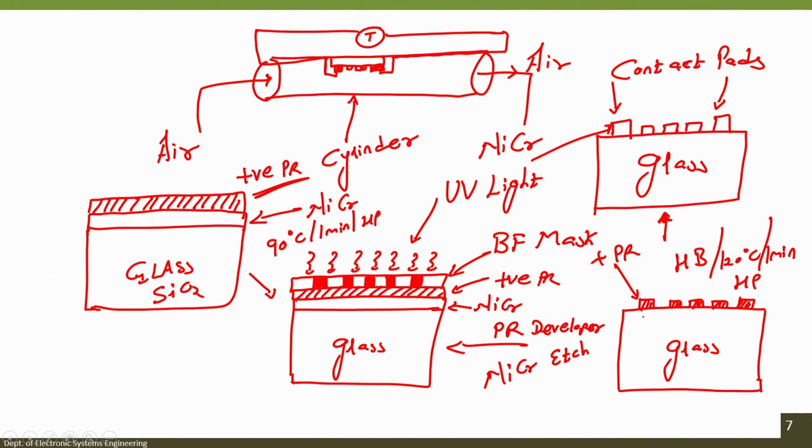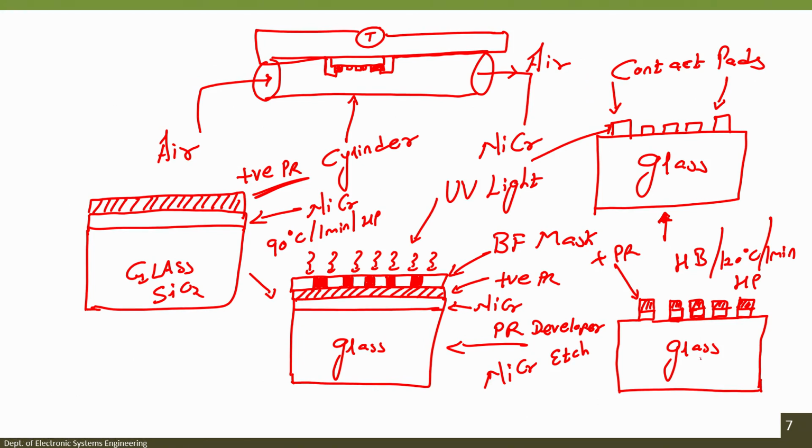I will have nichrome only saved where the photoresist is there, right. I will have nichrome only in the area where photoresist is there, and in the remaining area nichrome will get etched. Easy.